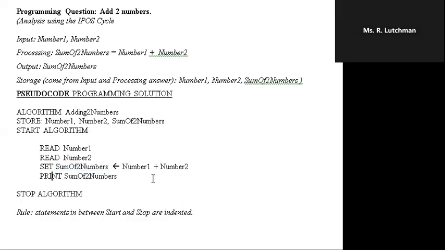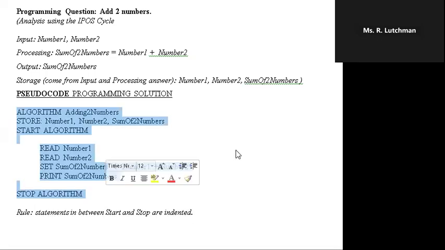Then we move to output. In output, we have our variable name answer, which was taken from processing, and the command print. Finally, we have stop algorithm, another command, which just ends the entire program. And we also followed the rule, which is in between start and stop, we indented. So all statements in between are indented.